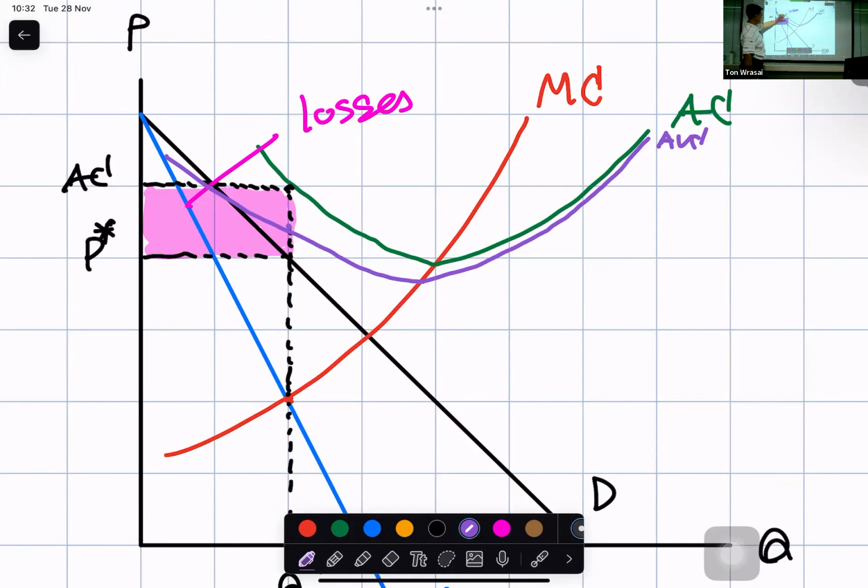Make sure that you try to present the idea that the gap between AC and AVC must be wider first and get narrower, converge, closer together like this. One more thing is the bottom-out place of AVC must be cut by MC.